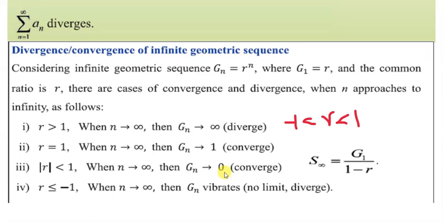In that case, we say the geometric progression, or the geometric sequence, converges.